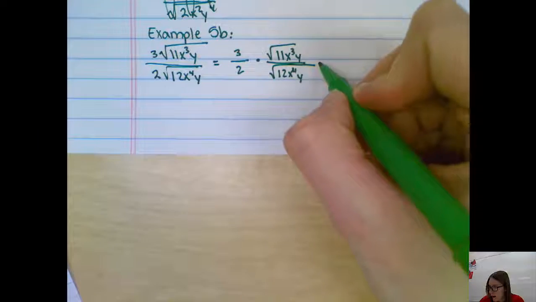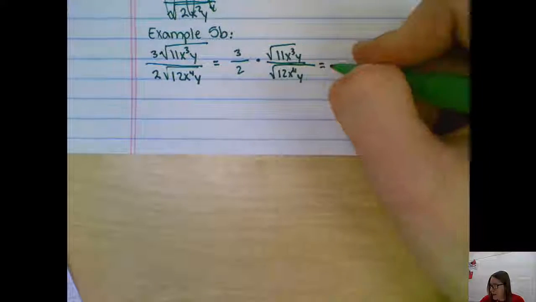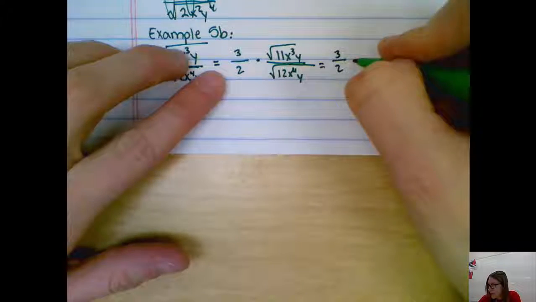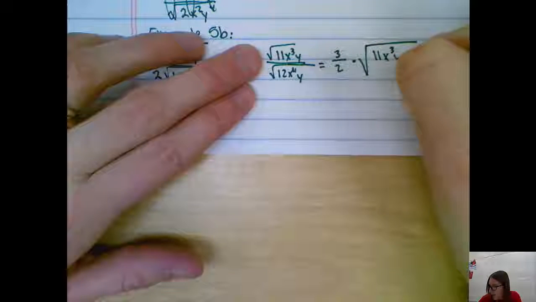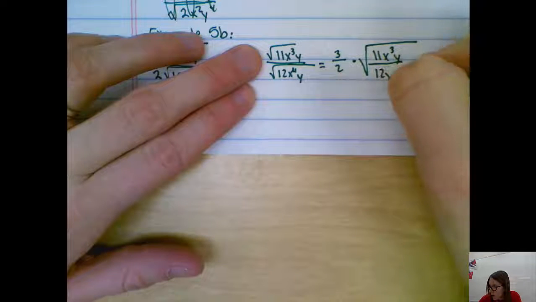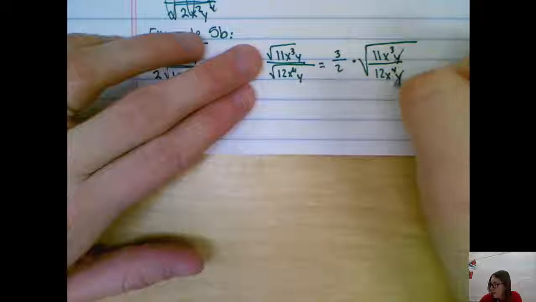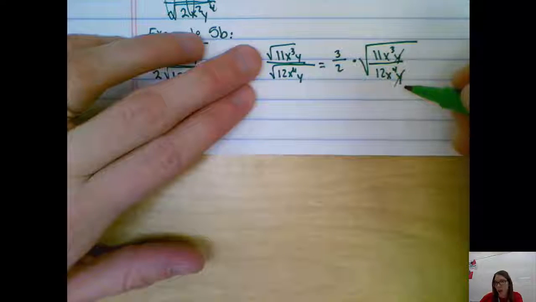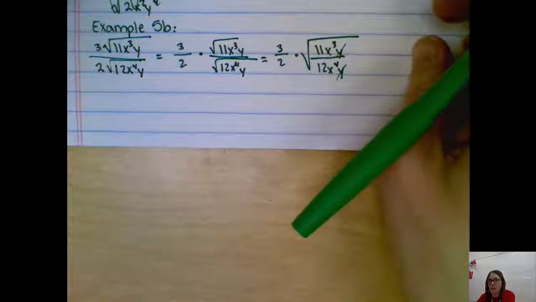When I do that, I also notice that if I combine this into one giant square root, I'll be able to do a little bit of simplifying. 11x cubed y over 12x to the 4th y. My y's will cancel out, and I'd have an x on the bottom. That 12 we're still kind of stuck with, but we can deal with that still.